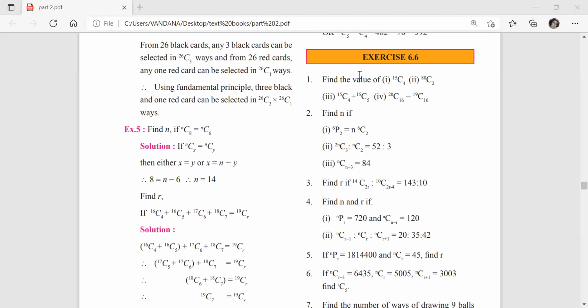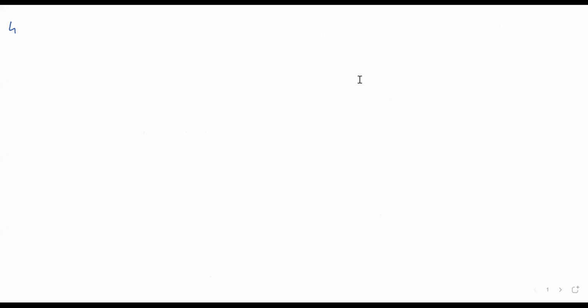Question number 4. Find n and r if nPr is 720 and nC(n minus r) is 120. You have to find n and r.